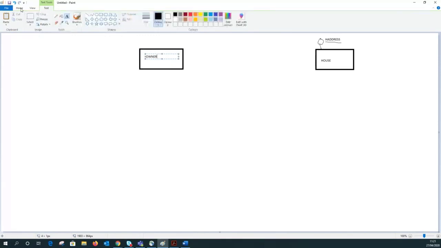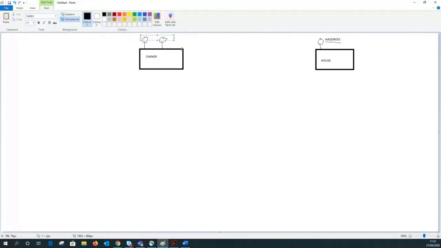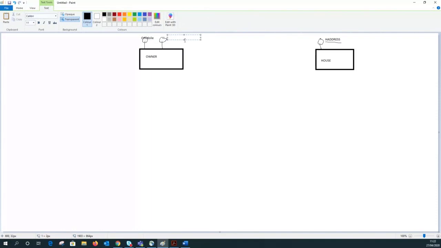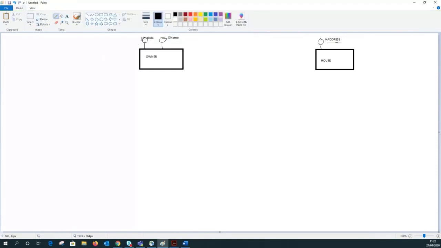Owner is pretty much a strong entity. It has a mobile phone number and a name. So I put owner mobile and also the owner name. I'll take the owner mobile phone number as the primary key.